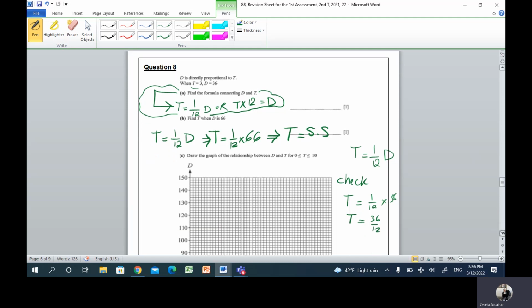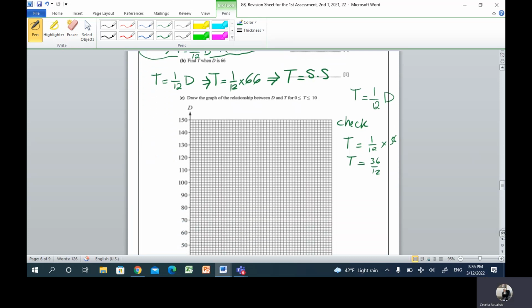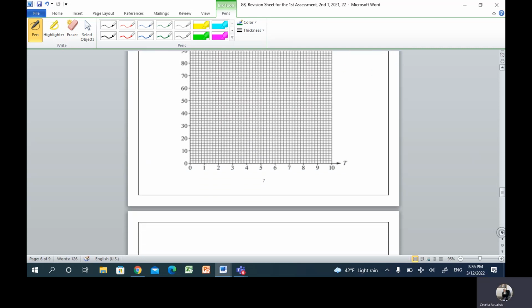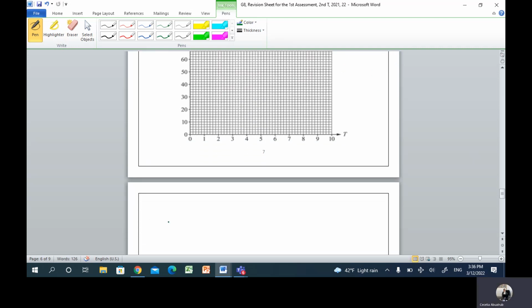In order to draw the graph, once we figured out the formula, you're going to say, this is my table. This is T, which is in other words the X, and this is D, which is in other words Y. And the relation between them is T is equal to 1 over 12 D, or you can write D is equal to 12T.